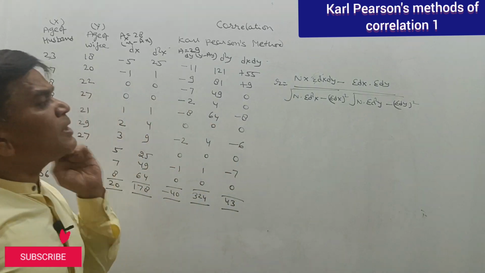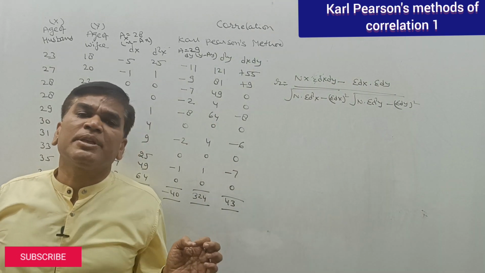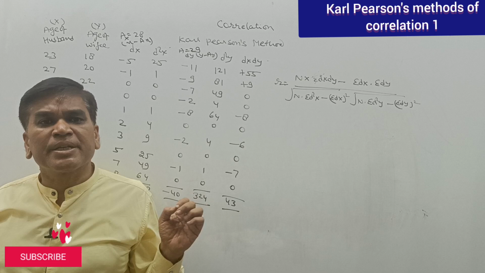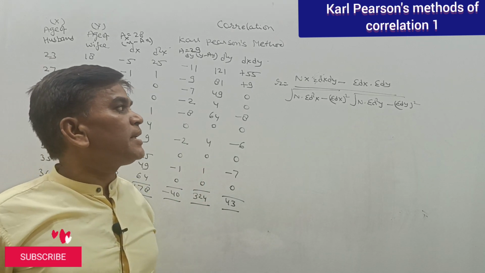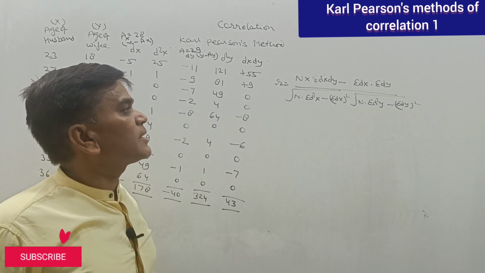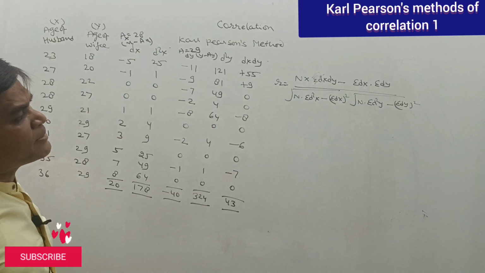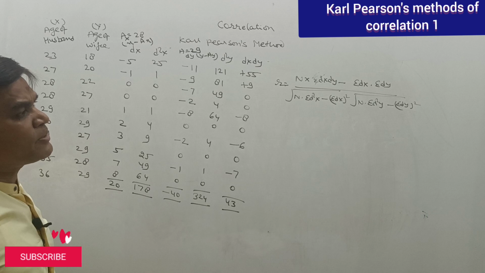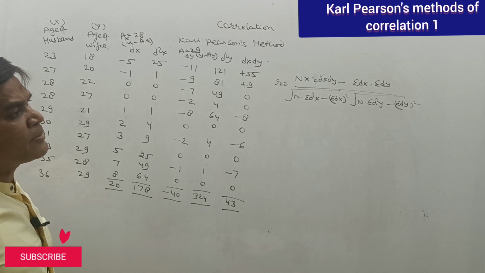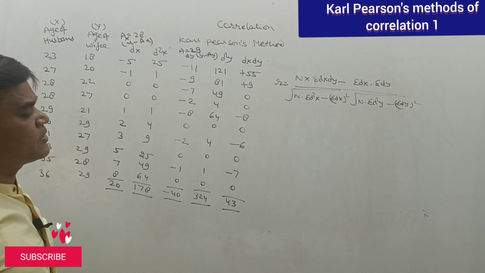So this is the formula for the assumed mean method of the Karl Pearson coefficient.